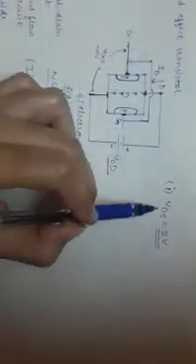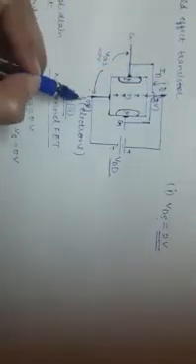If VDS equals 2 volt, it means that at the drain terminal we have 2 volt, and at the source terminal we have 0 volt. So the difference between 2 and 0 is 2 volt.